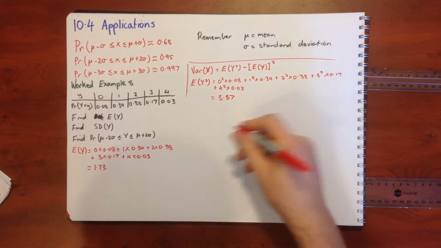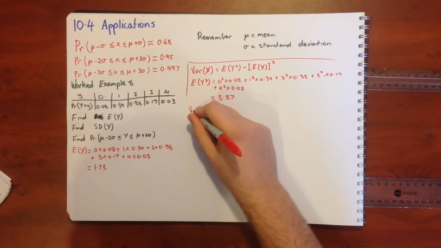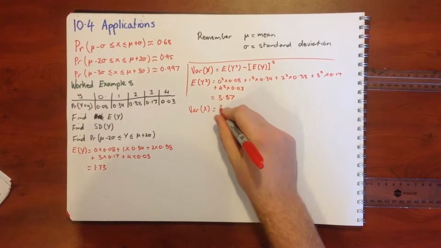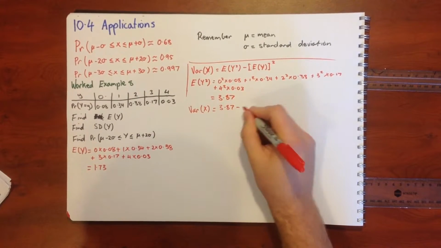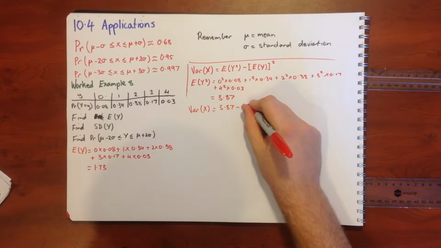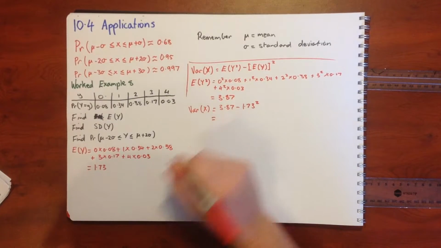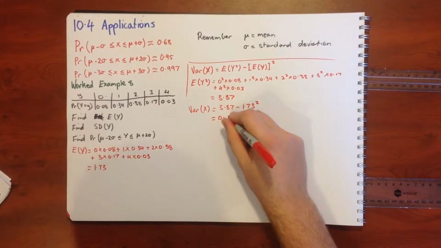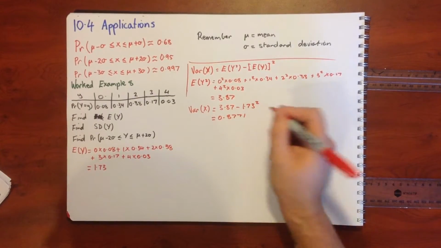That means our variance of y is equal to 3.87 minus our expected value of y squared, so minus 1.73 squared. When we do that, we get a variance of 0.8771.